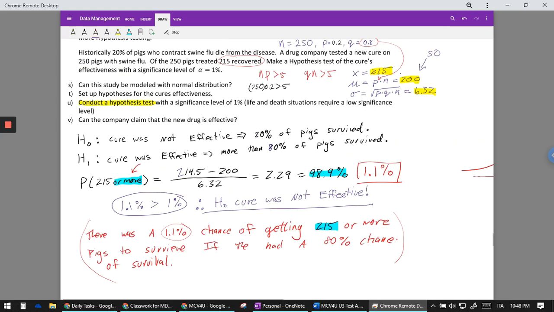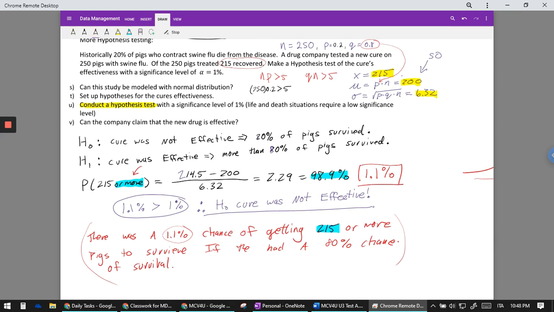Okay, and I just want to mention one last thing here. Why are we choosing a 1% significance level in a scenario where you are talking about implementing a medication or vaccine into the market? You want to have a very low significance level. Why do we want a low significance level?